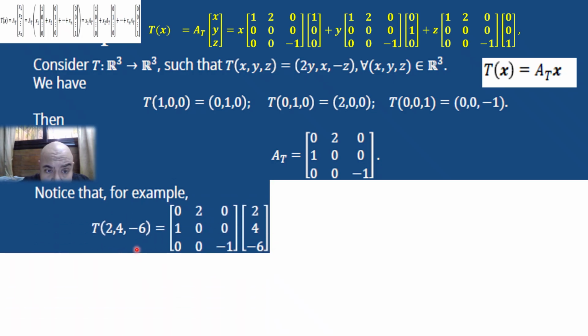So now, if we multiply the linear transformation matrix by the input vector 2, 4, negative 6, we will see the result. The same values will happen when you replace x with 2, y with 4, and z with negative 6. And that's what you are going to get. So if I use these values and substitute in the main transform, these are the values that I will have.